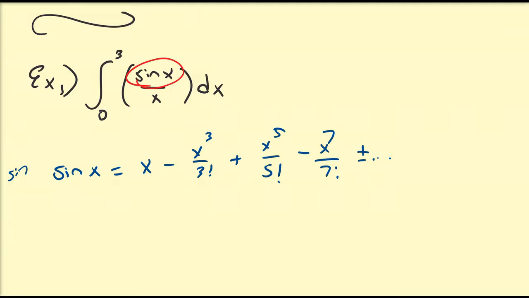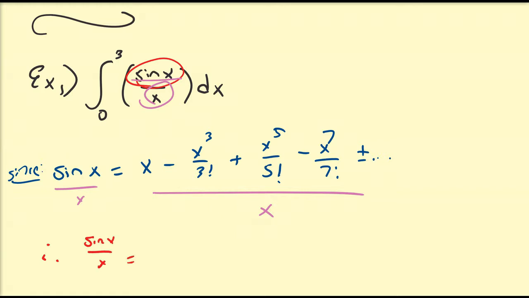So since sine of x is equal to this, what I'm going to do is divide sine of x by x. That will give me the Taylor series for sine x over x. So sine of x over x is going to be equal to 1 minus x squared over 3 factorial plus x to the 4 over 5 factorial minus x to the 6 over 7 factorial plus or minus and so on.